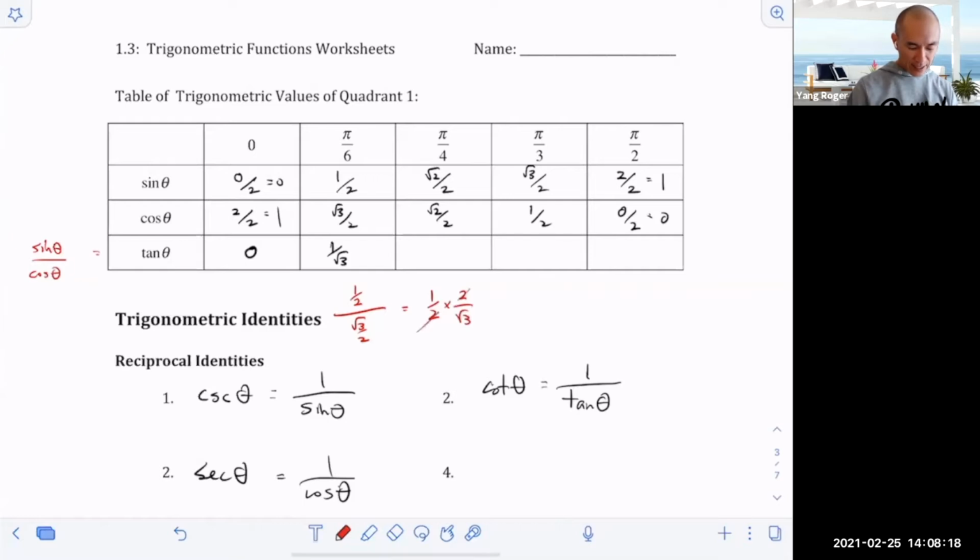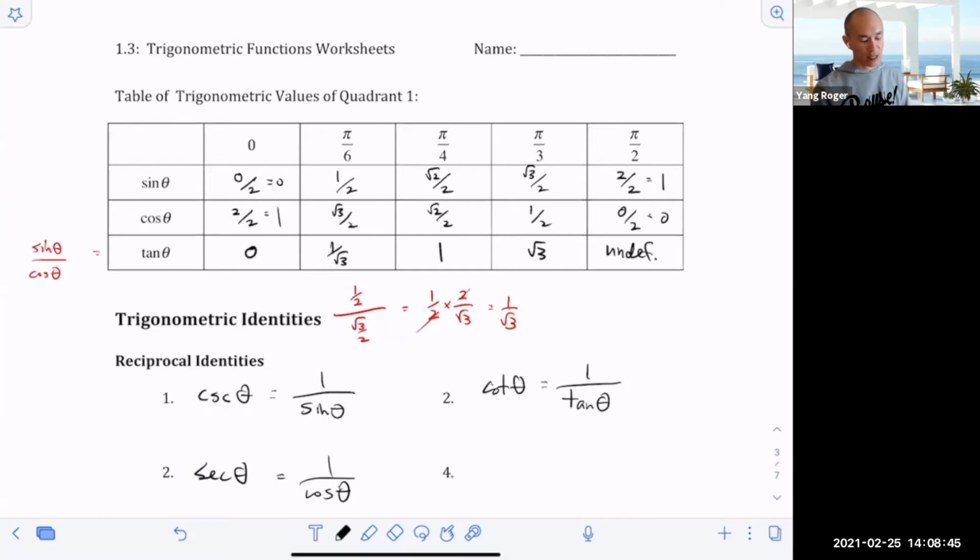And then these 2s cancel out, and then you get 1 over rad 3. So that's how I got that, just in case it wasn't obvious. Okay. We divide the next two, it's the same number divided by itself, so that's going to be a 1. We divide these two guys, that's going to be a rad 3. And then anything divided by 0 is undefined, so this is undefined. Are there any questions about this?